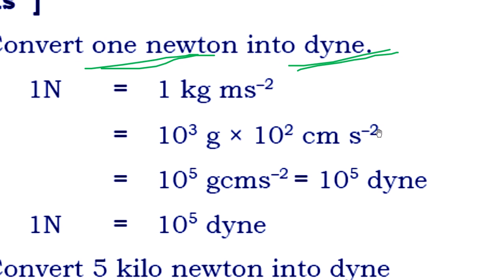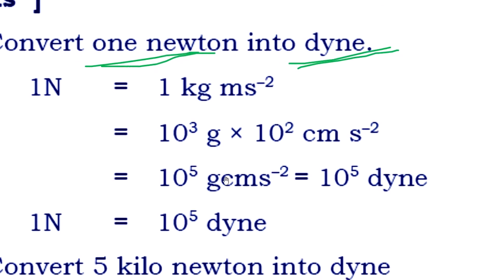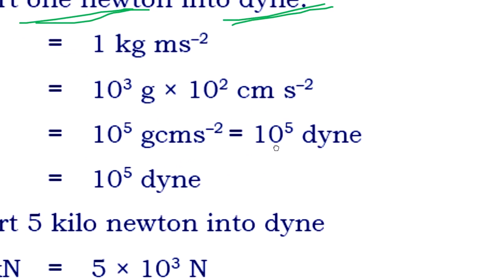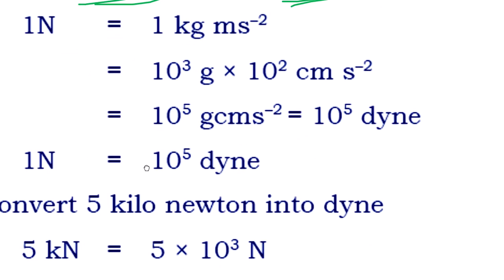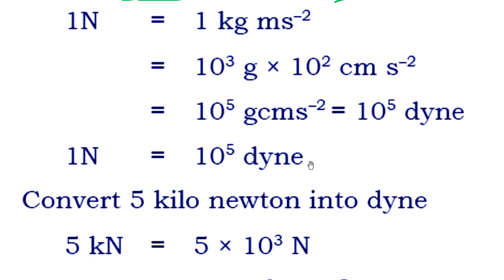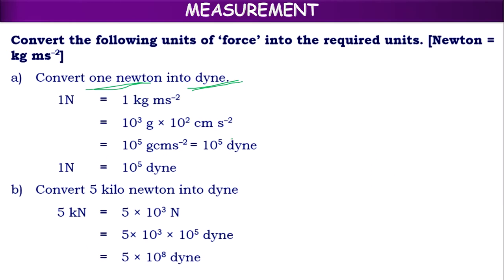S to the power of minus 2. 3 plus 2, 5. 10 power 5 gram centimeter S to the power of minus 2. So this is equal to dyne. 10 power 5 dyne. So 1 Newton equal to 10 power 5 dyne. If we know one relation, we can get so many relations. So then 1 dyne equal to the reverse, 10 power minus 5 newtons.